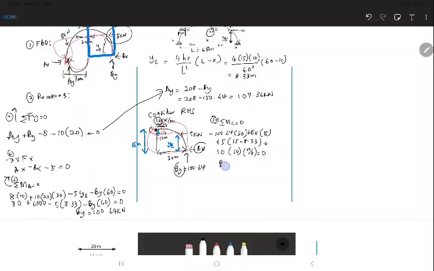So you get Bx, you calculate, you get 165.72 kilonewton.